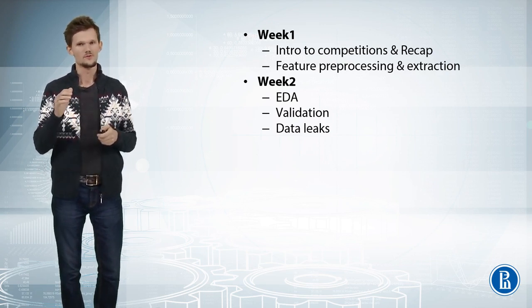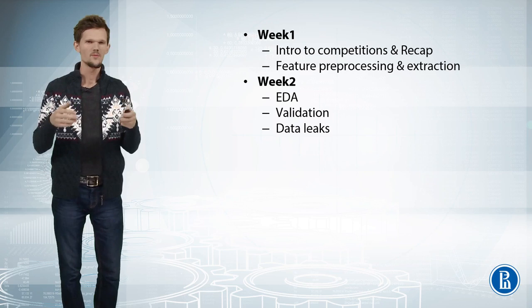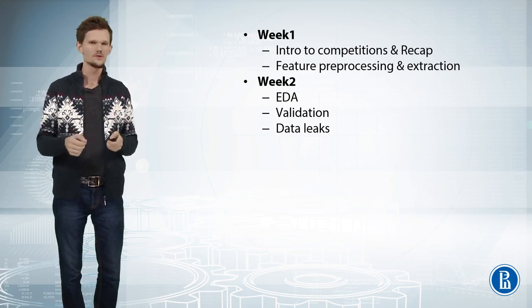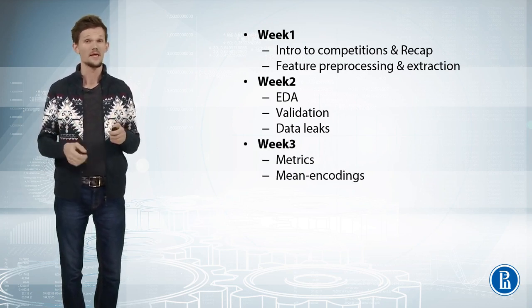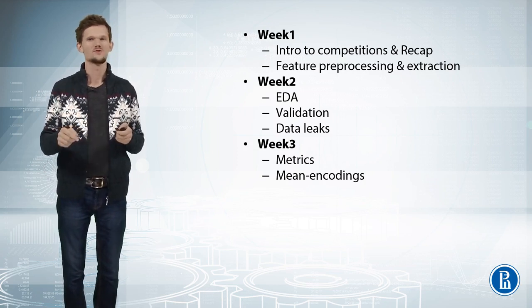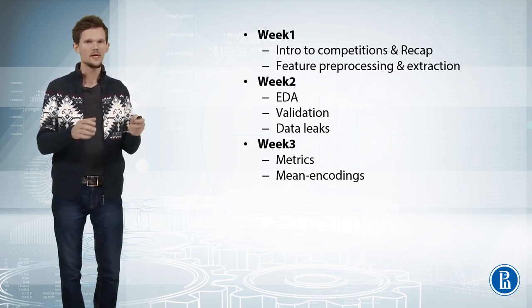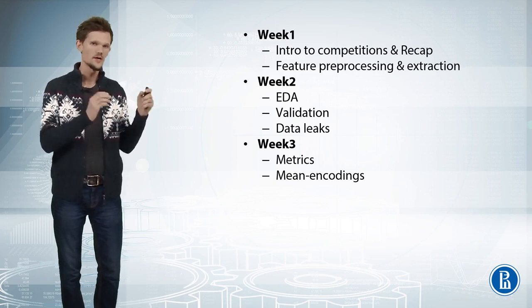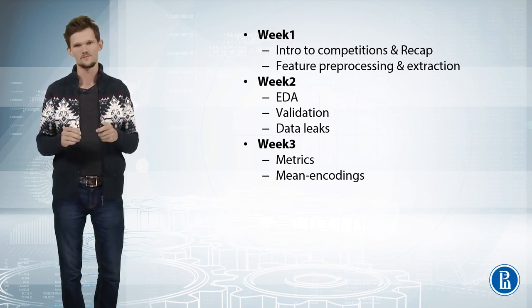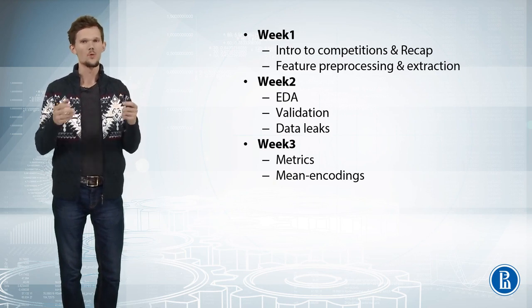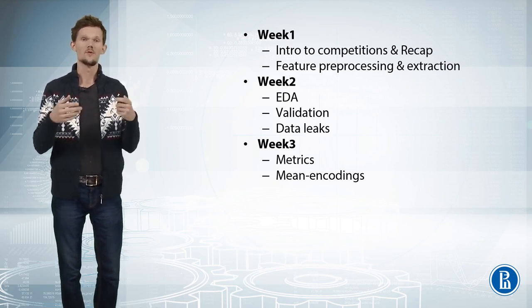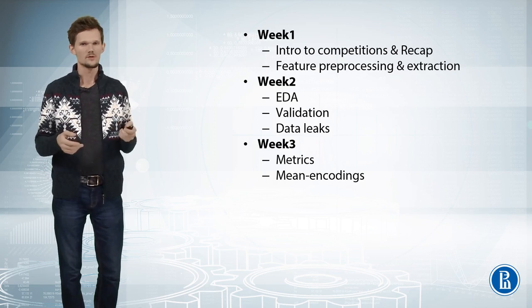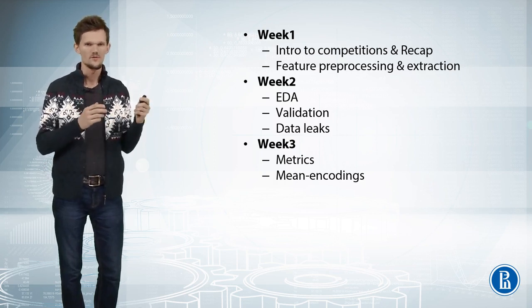After this pipeline is ready, we'll focus on the improvement of our solution, and that's already week 3. In that week, we'll analyze various metrics for regression and classification and figure out ways to optimize them both while training the model and afterwards. After we check that we are correctly measuring improvements of our models, we'll define mean encodings and work on mean encoded features.